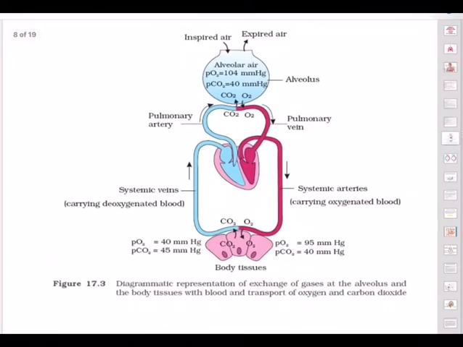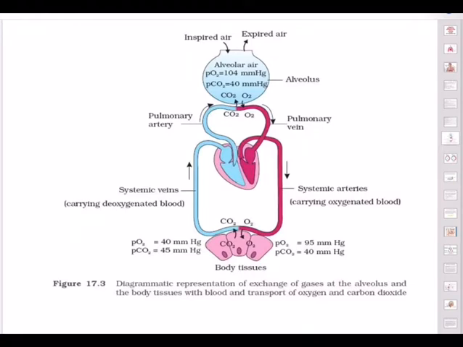And now we go to the diagrammatic representation of exchange of gases at the alveolus and the body tissues with the blood, and transport of oxygen and carbon dioxide. For this, what you have to understand is, all respiratory volumes and capacities are about 20 to 25% less in women than in men.